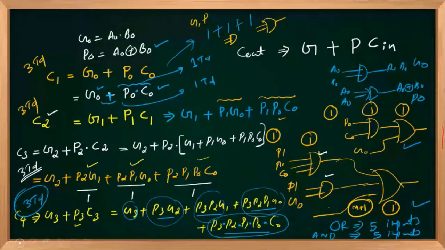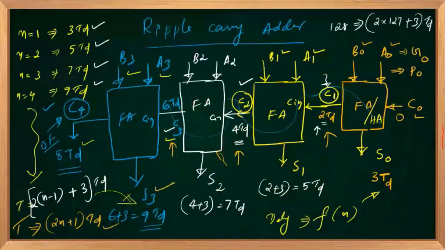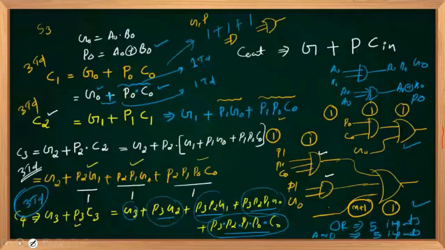And in your carry look ahead adder, what is the worst case delay to produce the last sum output, let us say S3? S3 is my last sum output, the MSB. So how much time will it take to produce a valid S3, worst case delay?